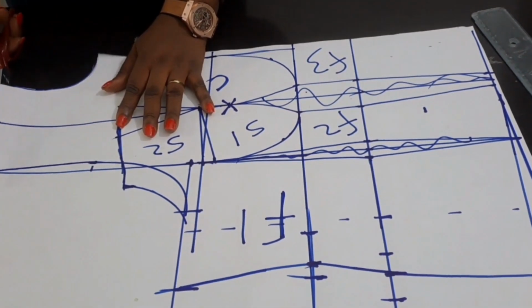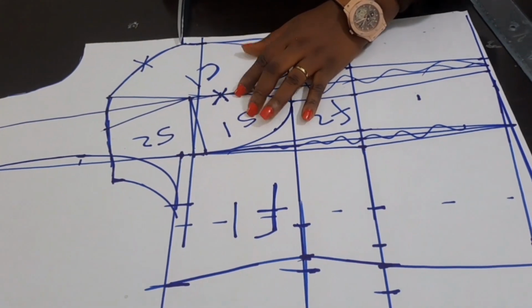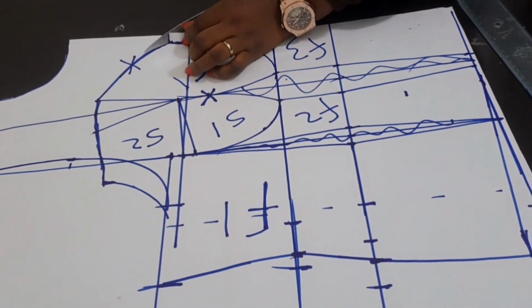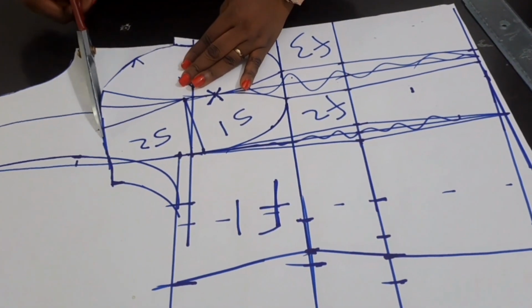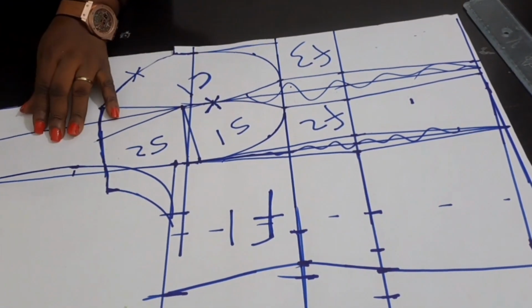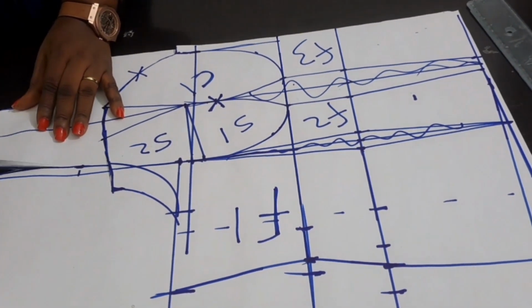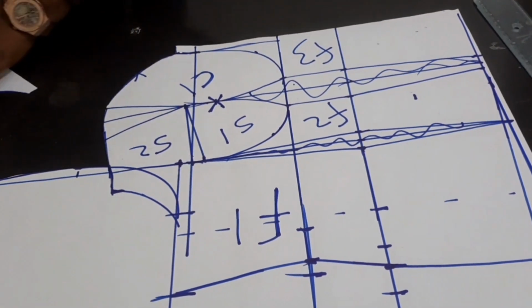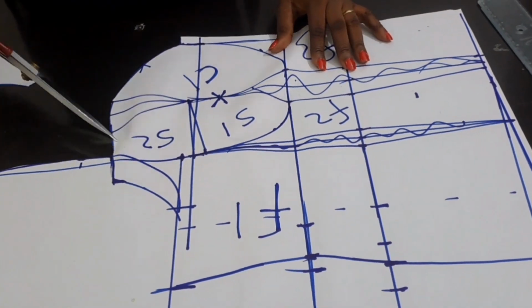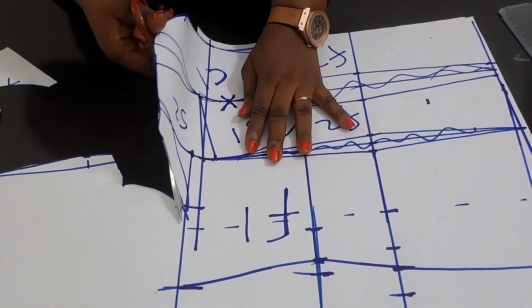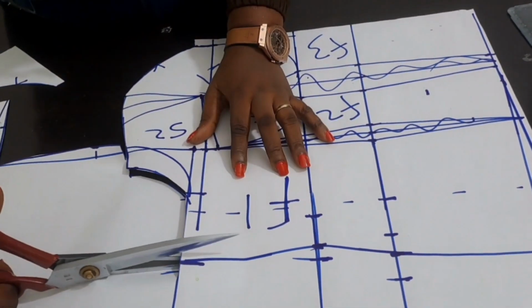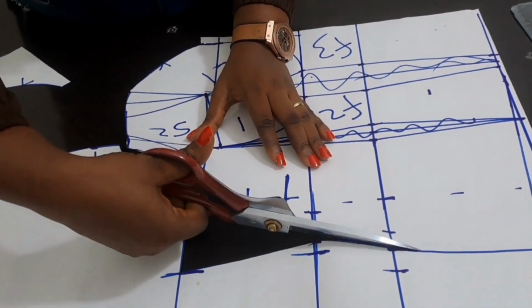Remember, the back will be 1 inch shorter than the front when cutting it. So just pay attention to how I'm cutting in order not to cut the wrong line. You see the way I'm cutting it?